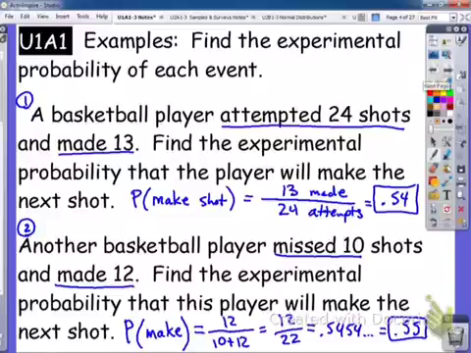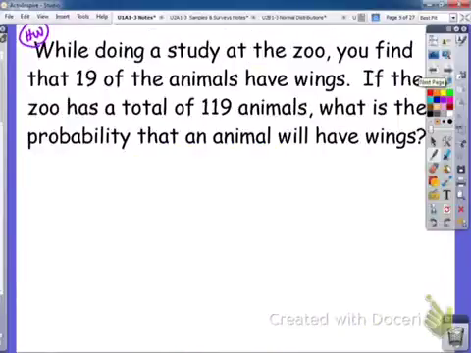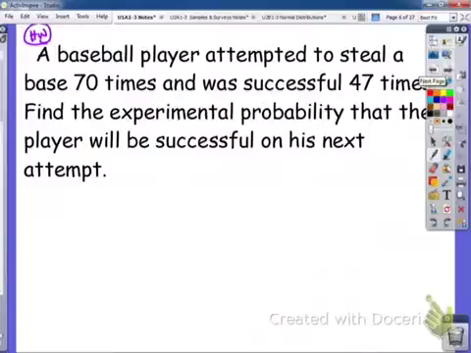Let's look at the next problem. So I'm going to leave this problem for you to do on your own as practice. And let's do the next problem as well. A baseball player. That's going to be for your own working.